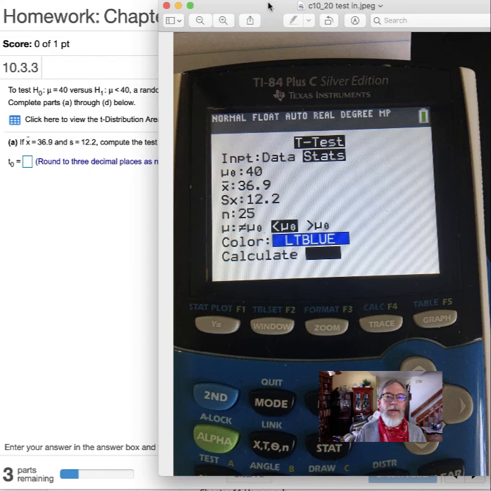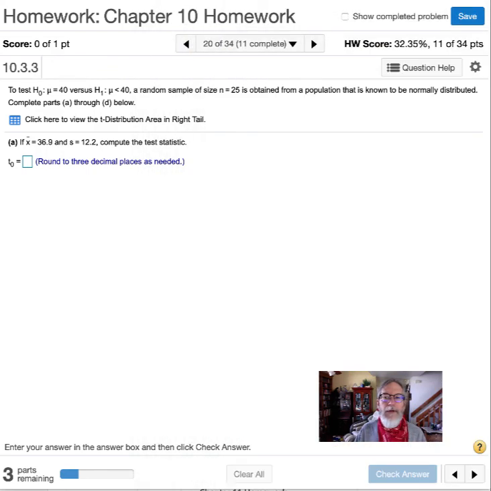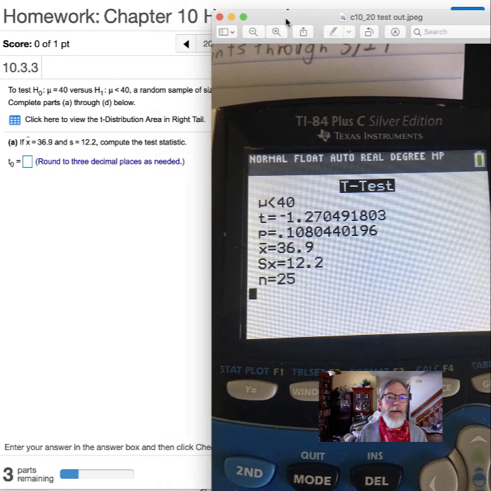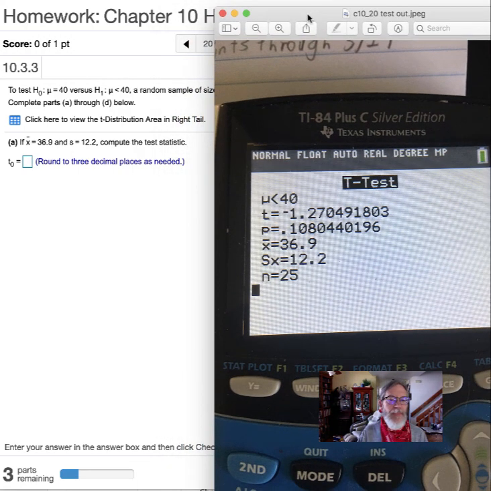Here are my results. I can't have them both on the screen at once, but notice t sub 0, the test statistic, that's what the calculator calculates. It's negative 1.270, to three decimal places.